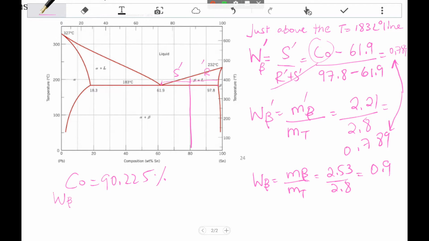So let's solve for the fraction of total beta. The way to do that is very simple. We're going to go just below the T 183 line.